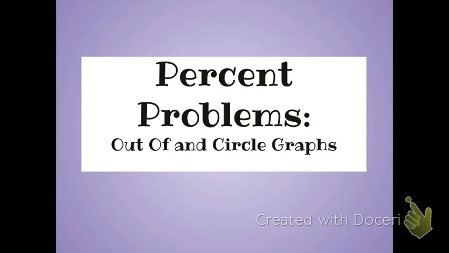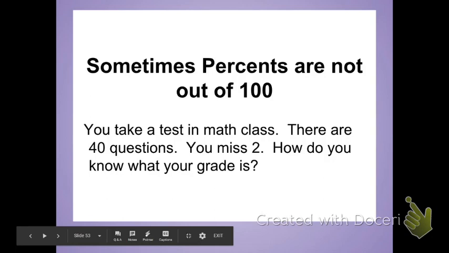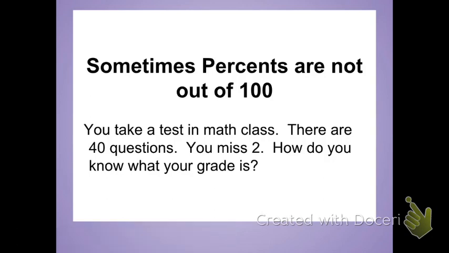So if you'll open to the inside of your foldable where it says "out of." Okay, so sometimes percents are not out of 100. So let's say you take a math test, there are 40 questions, and you miss 2. How do you know what your grade is? Well, you have to figure how many out of how many.